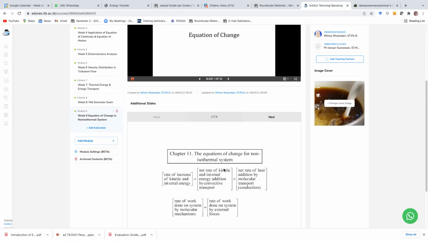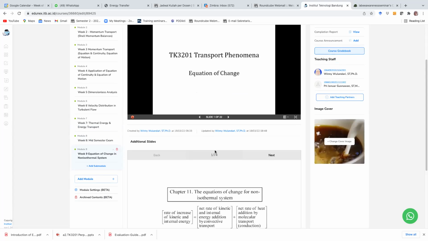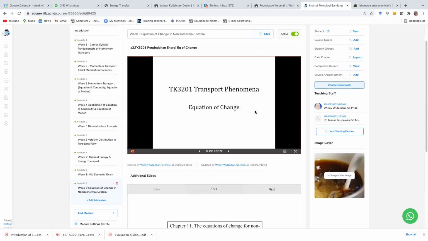So if you're interested, and there should be some applications as well, I might want to explain a little bit about this, especially since it will have a lot of applications. Okay, so here we're going to talk about the equation of change with this slide.